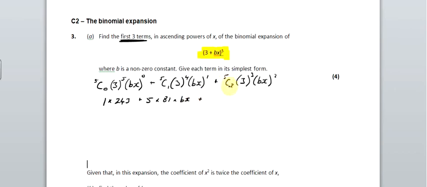And then 5 choose 2 is 10, and 3 to the power of 3 is 27, and bx squared is b squared x squared. So this simplifies to 243 plus 405bx plus 270b squared x squared. And there we go.